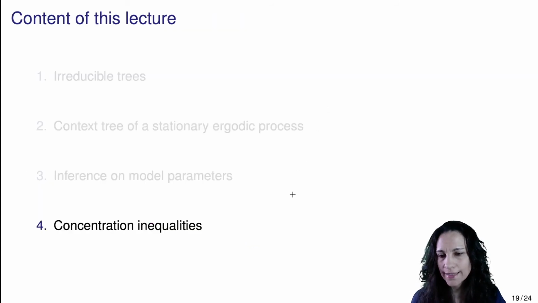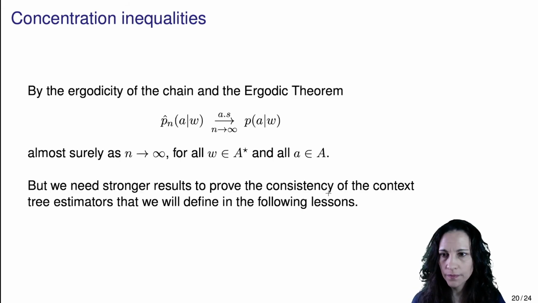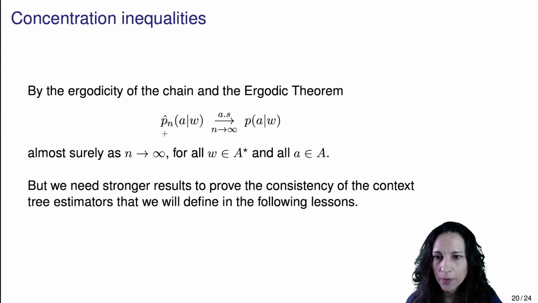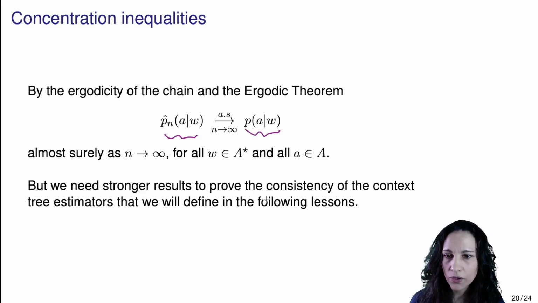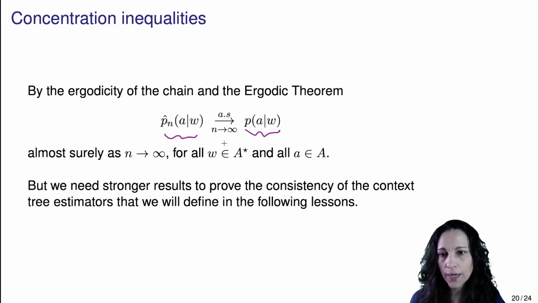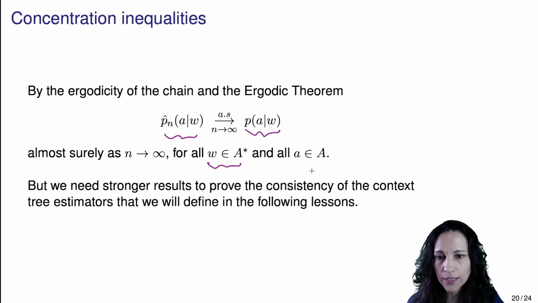So let's end this lesson by seeing some concentration inequalities for these empirical probabilities. We know that by the ergodicity of the chain and the ergodic theorem, these empirical probabilities go to the true transition probabilities of the process almost surely when n goes to infinity, for every fixed sequence w in the set of finite sequences and every symbol in the alphabet.